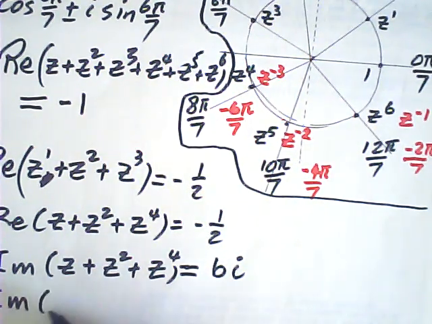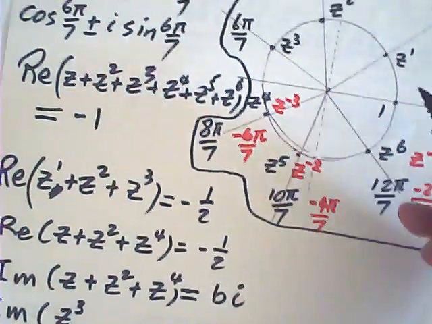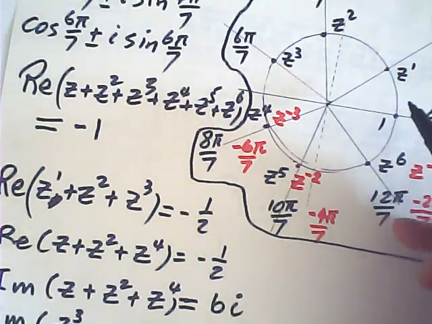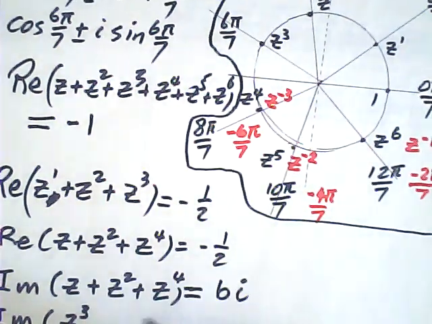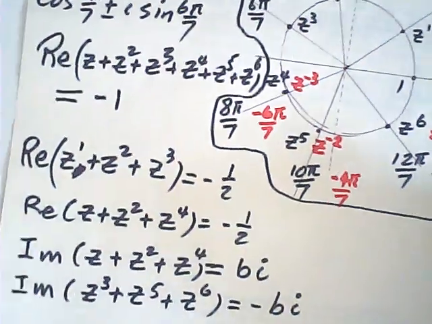The imaginary part of z3, plus the imaginary part of z5, plus z6, is equal to negative bi.